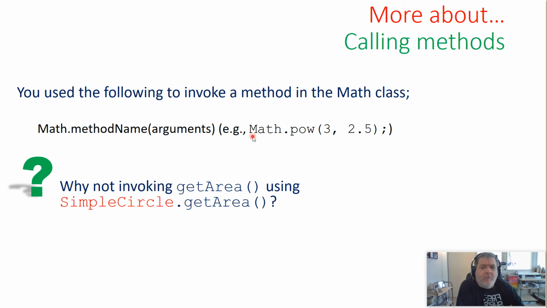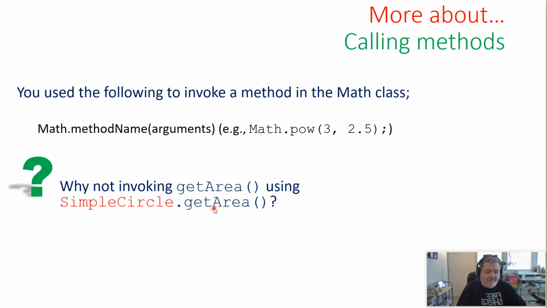End of story. What we have been doing for the last 2 lectures is defining non-static methods inside of classes. Because we have non-static methods inside of classes, you've never seen me use the name of the class followed by a dot, followed by, for example, getArea. Instead, I had to create an object of the class SimpleCircle, and then use the reference variable that was referring to that object to call getArea with dot notation.